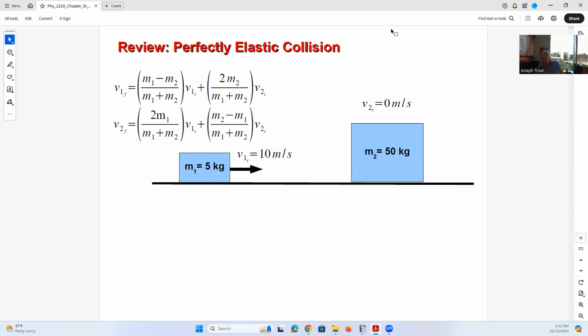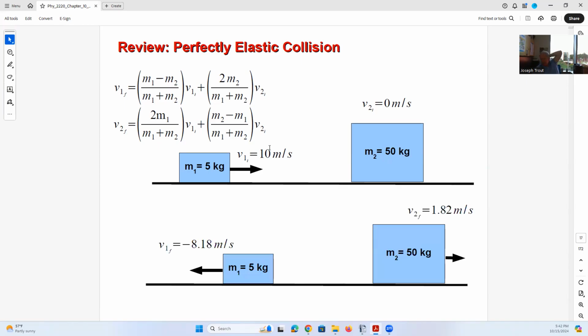In this case, our velocity of 2 is 0 initially. So our final velocity for 1 is the mass of 1, 5, minus the mass of 2, 50. So that's negative 45 over 55 times 10. And we end up with negative 8.81 meters per second.